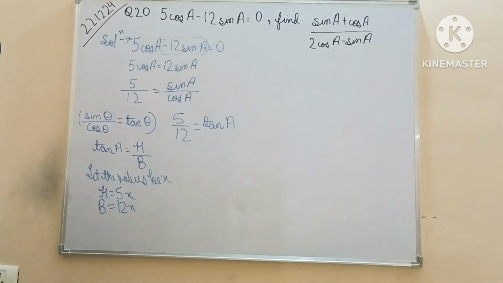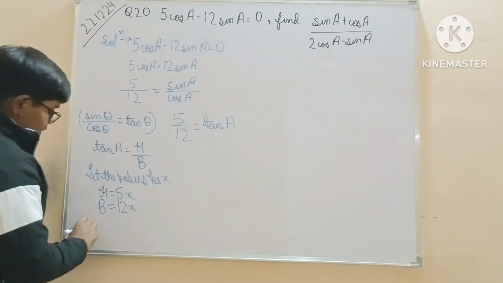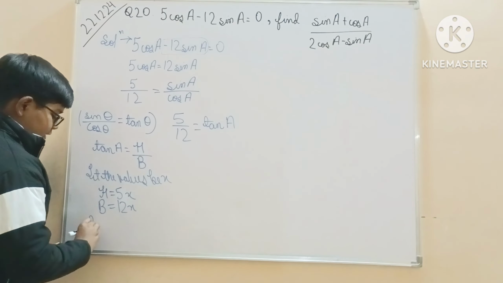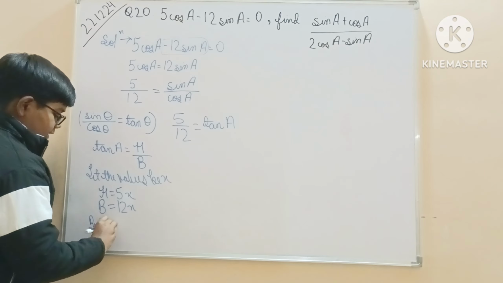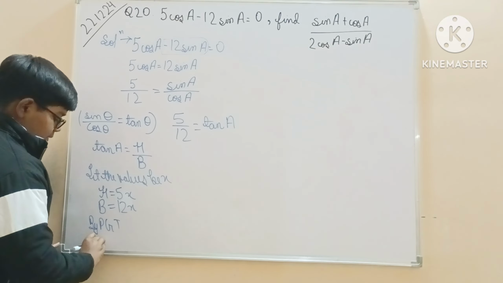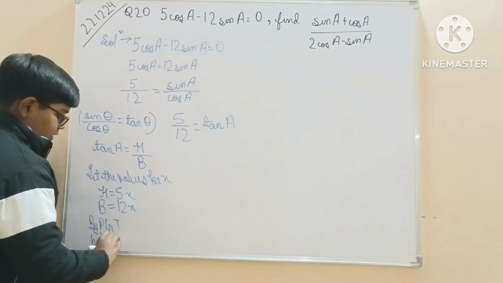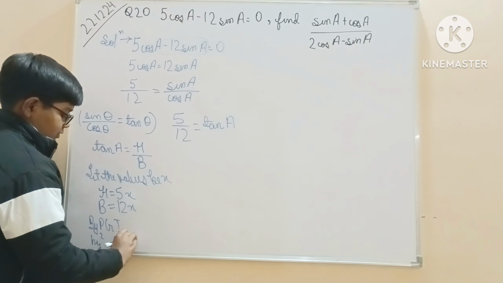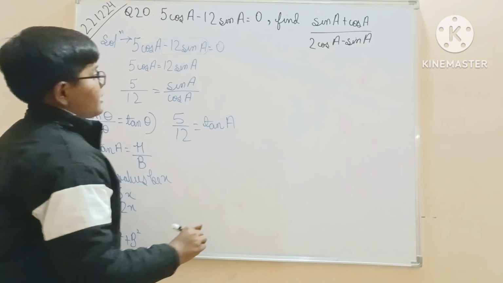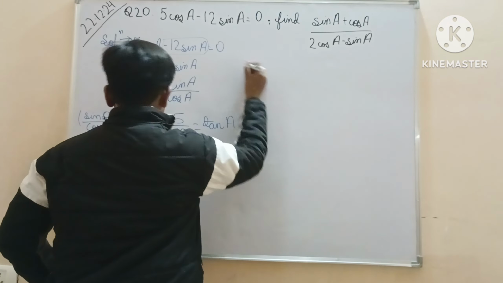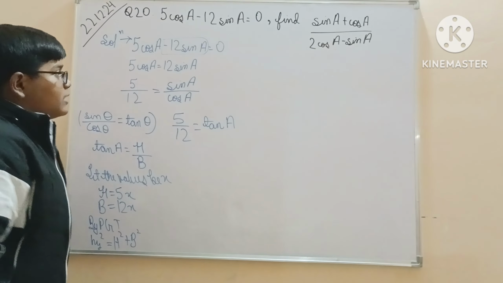Now, as we have found height and base, we will find the hypotenuse by Pythagoras theorem. So by Pythagoras theorem, hypotenuse square is equal to height square plus base square.